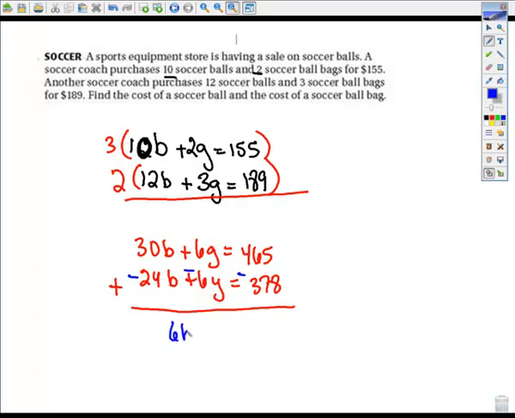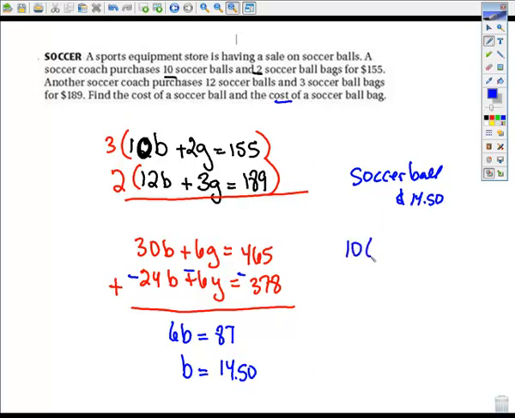So that gives me 6b equals 87 divided by 6, and it's 14.50. Ultimately we're looking for the cost. So a soccer ball is $14.50.